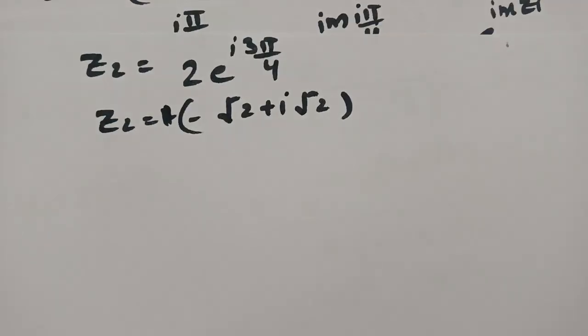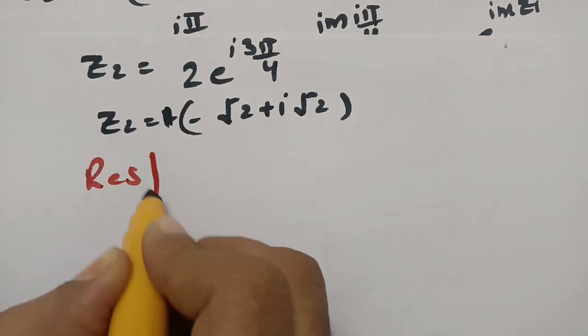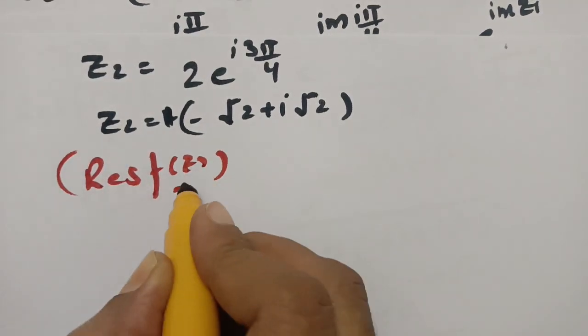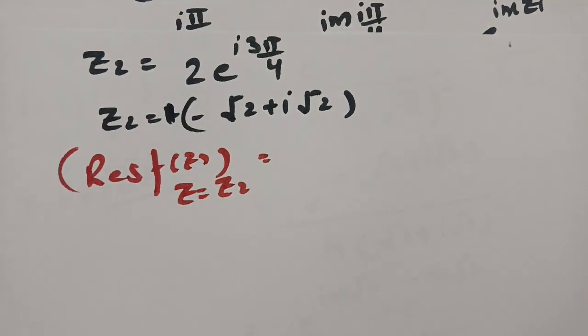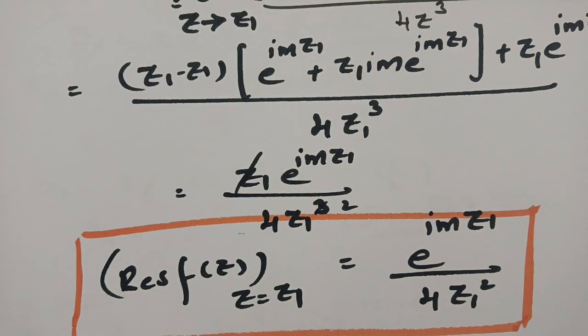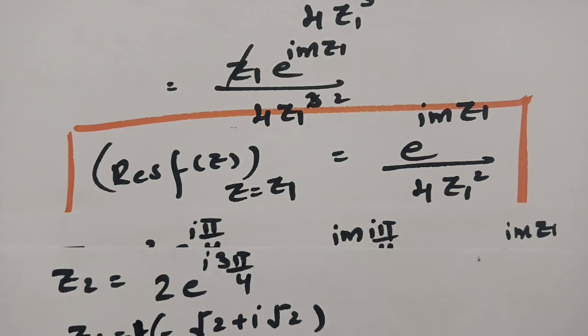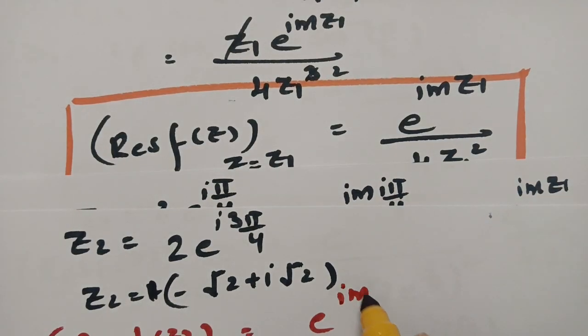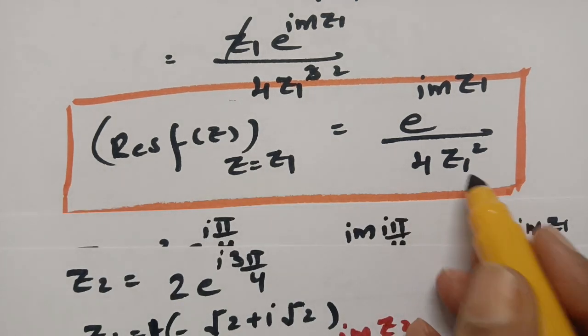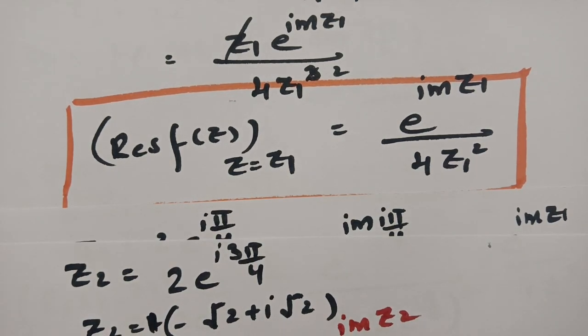And now we need the residue value. So the residue value of f(z) at the point z = z2, I have shown you a formula here, which is equal to, after cancelling and all, we got the value as e^(i m z2) by 4 z2².